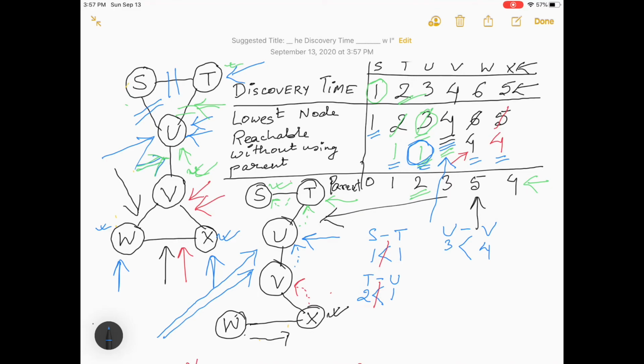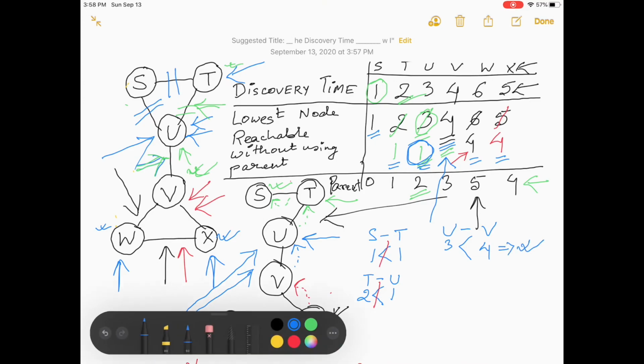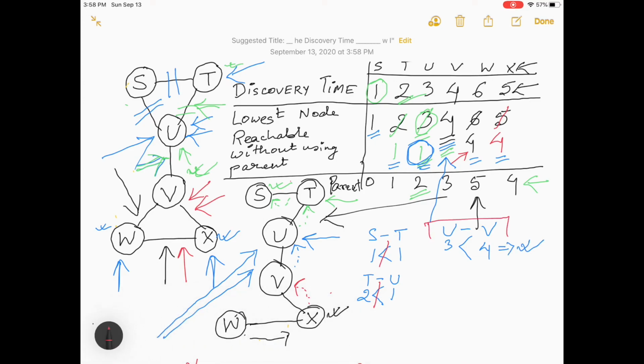We would see whether the discovery time of u happens to be strictly less than, not less than or equal to, the earliest discovered node reachable from v or not, and we see that it actually holds true, which means uv is a bridge.